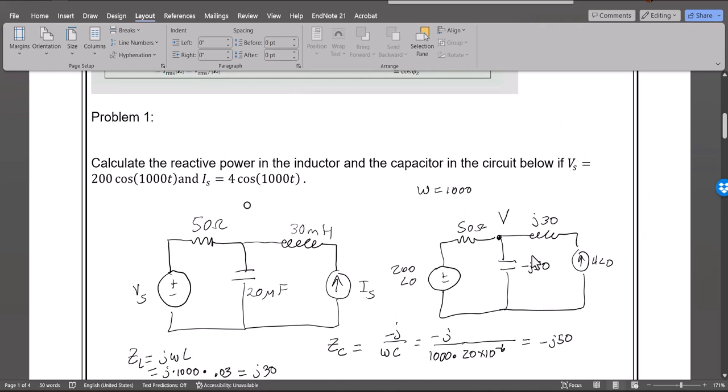So the current, if I make this ground, I equals V over minus J50, and V we just found was 200 plus J200 over minus J50.